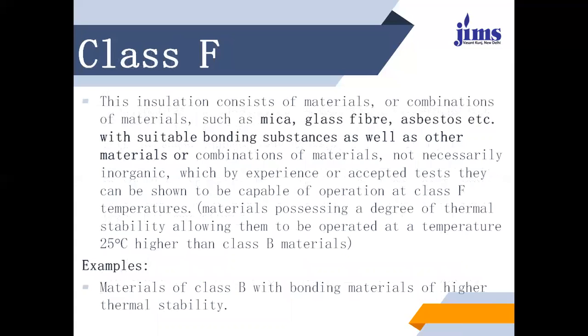Now the class F type material. This insulation consists of materials or combinations of materials such as mica, glass fiber, and asbestos with suitable bonding substances, as well as other materials, not necessarily inorganic, which by experience or accepted test can be shown to be capable of operating at class F temperature. These materials possess a high degree of thermal stability, allowing them to operate at a temperature 25 degrees Celsius higher than class B type material.